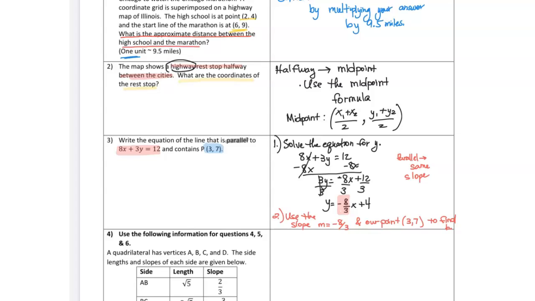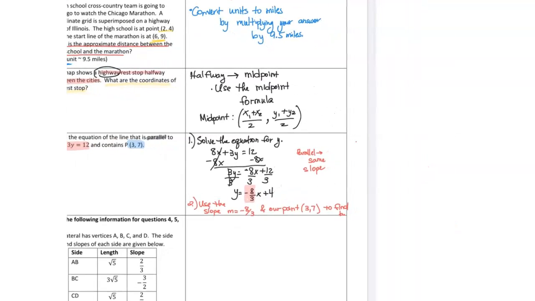Once you've found your b value, we'll be able to write our equation. So step 3, use the b and the slope to write our equation in slope-intercept form, which is y equals mx plus b. You'll need to replace the m and you'll need to replace the b.